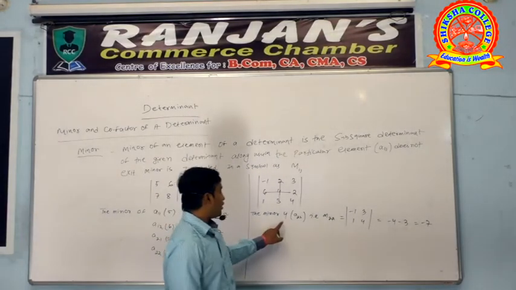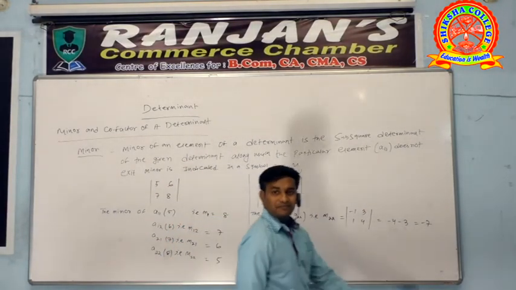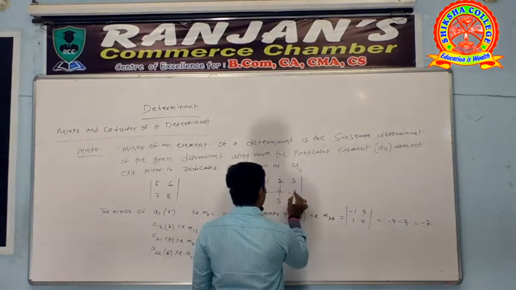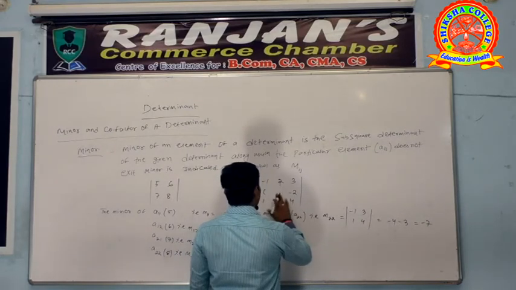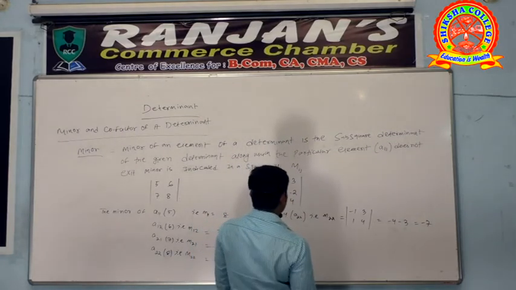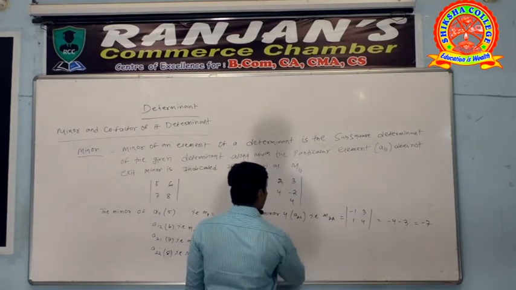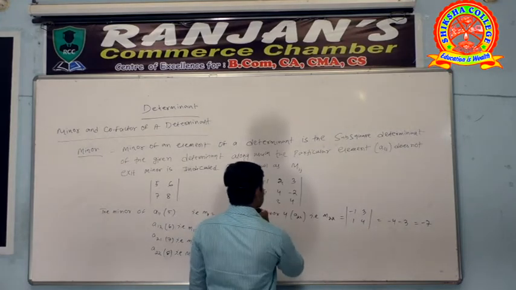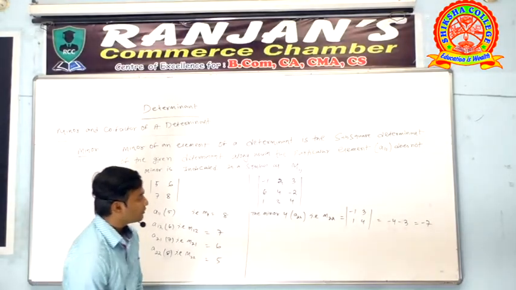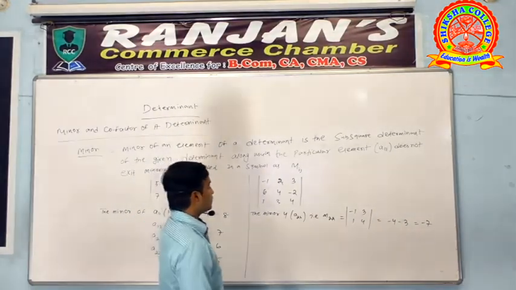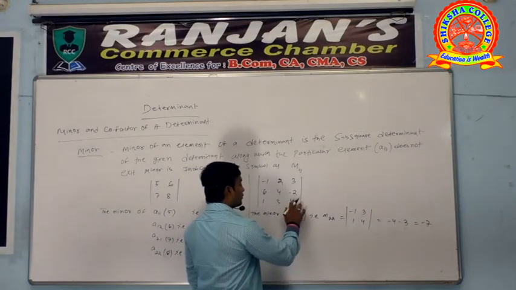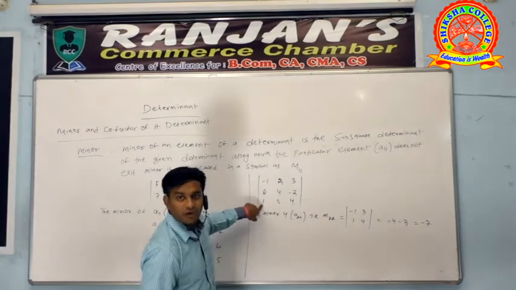Okay, so the minor of 4 is -7. Clear, students? Now let us take the minor of this one.